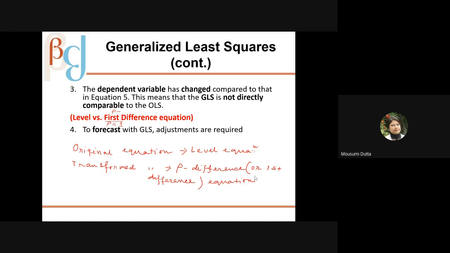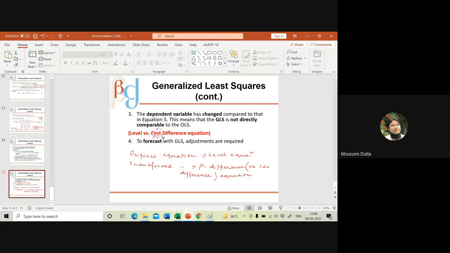Once you get the parameters of the model, for the rest of the applications, that is hypothesis testing, prediction, forecasting, whatever, you have to use the result of the transformed model, because the transformed model is the right model. The transformed model is giving us the best linear unbiased estimator.